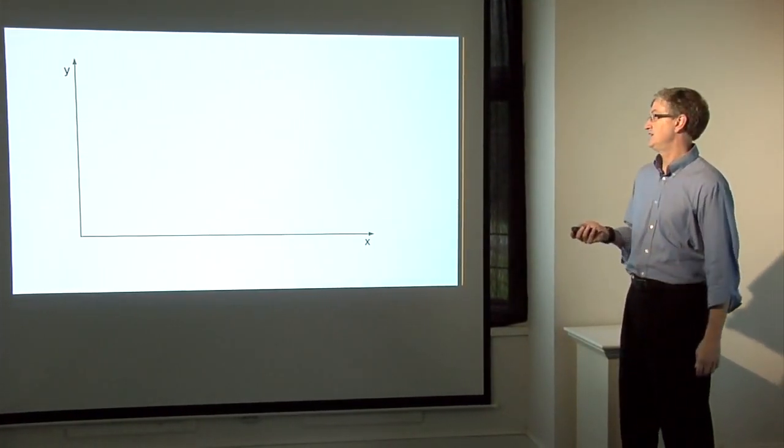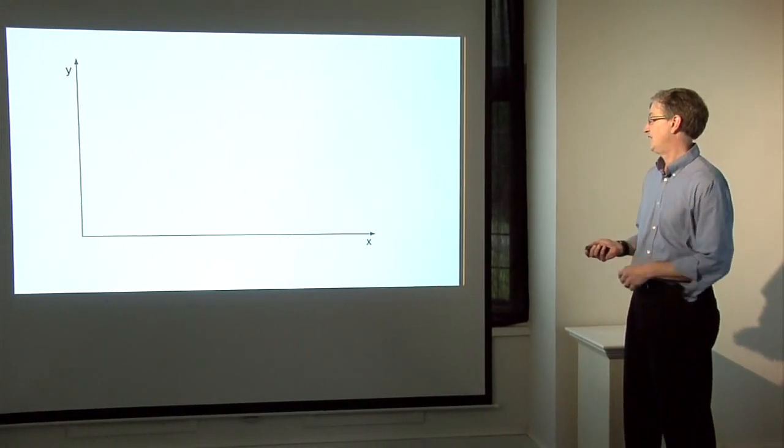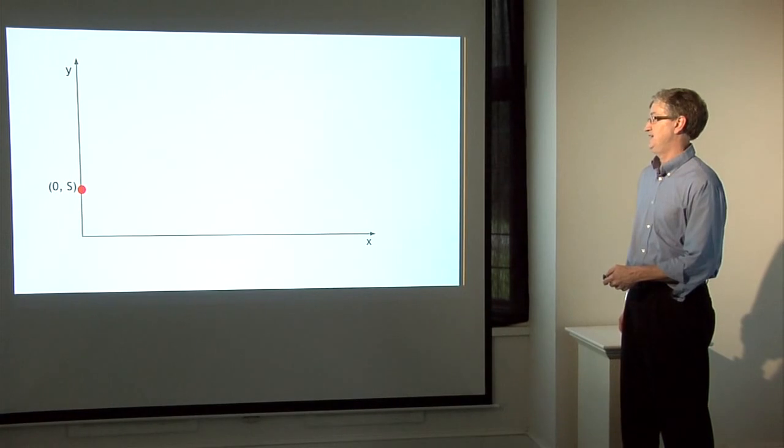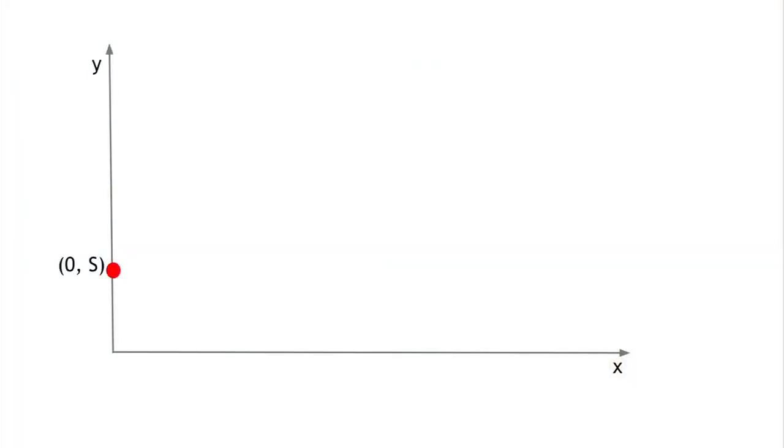The way we'll do that is to draw our standard x and y axis here, and we're going to add a point here at 0, s, where s is the secret. Obviously if somebody can learn what this point is, then they will have reconstructed the secret. Now we're going to draw a line that has a random slope r. R is going to be generated randomly, and so we get a line like this.